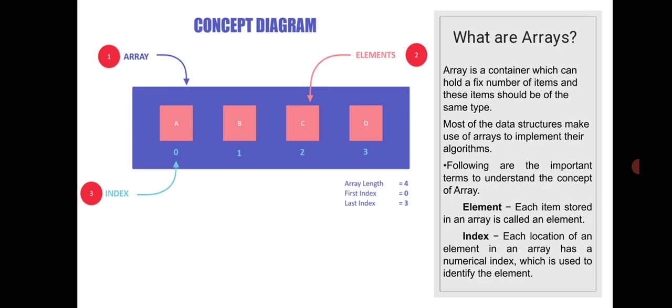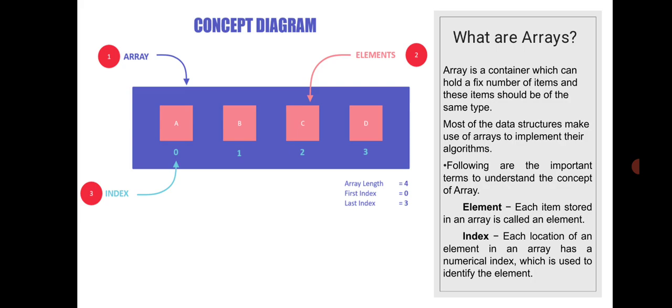You have an array, and we have the index of the array and the elements within the array. An array is a container of elements, right? We have elements, and the two numbers represent elements and one represents the array.